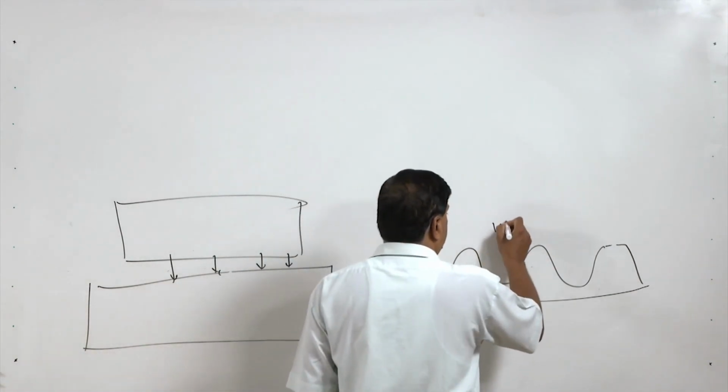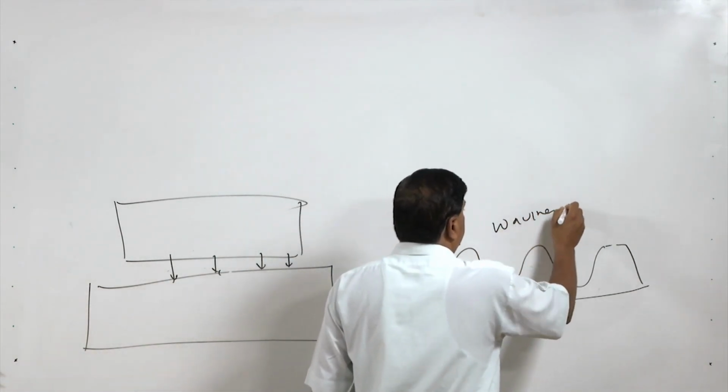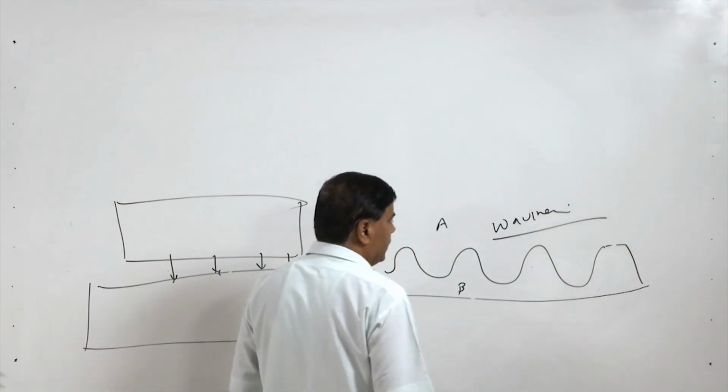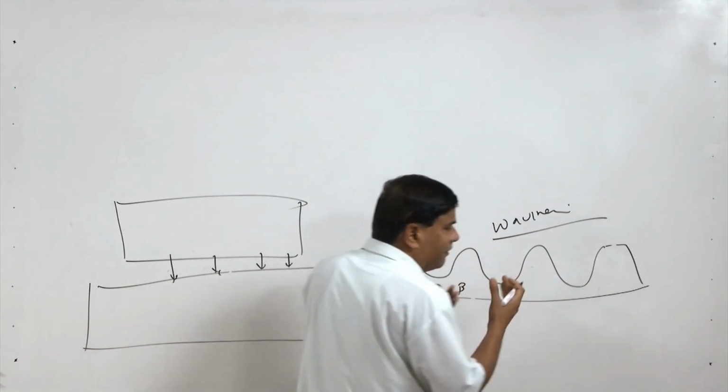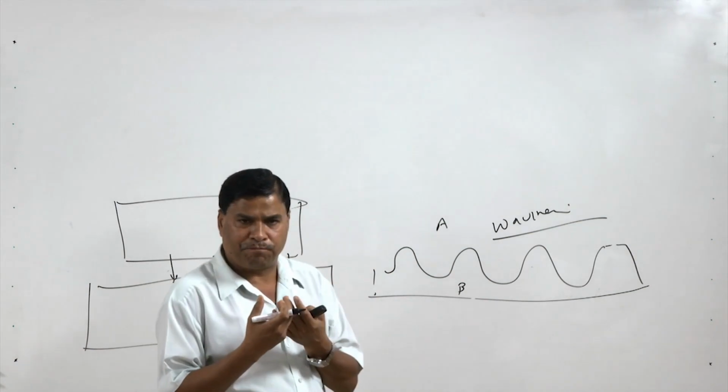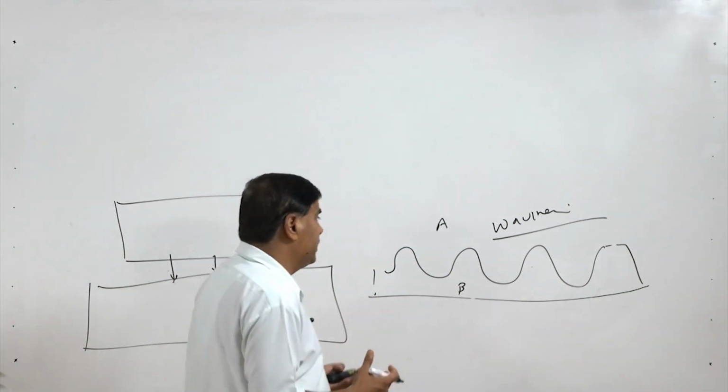This kind of waviness is good for the strength of the joint. The greater the waviness, the greater the interlocking and the strength of the joint.